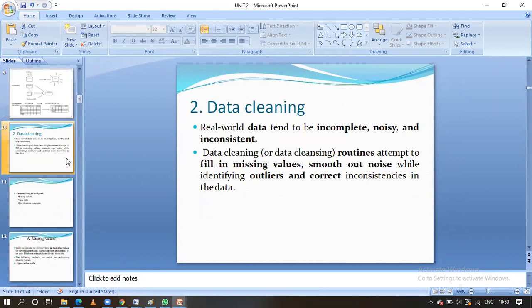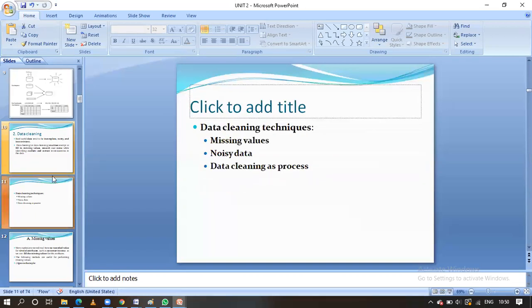Normally real world data is incomplete, noisy and inconsistent, and we have to clean it with the help of data cleaning techniques. In data cleaning we fill the missing values, smoothen the noisy data, and remove the outliers. These are the main techniques we use.